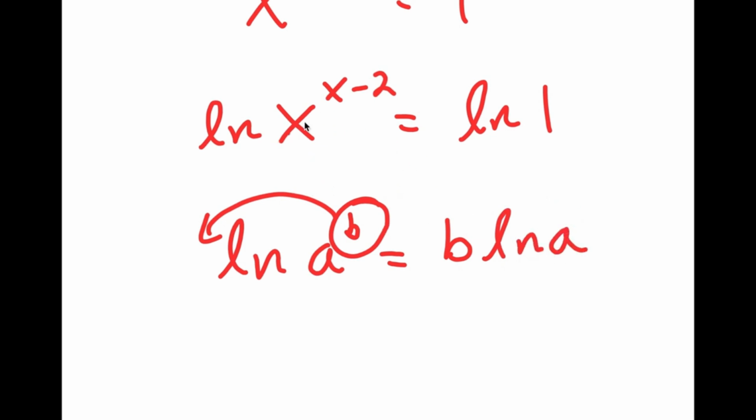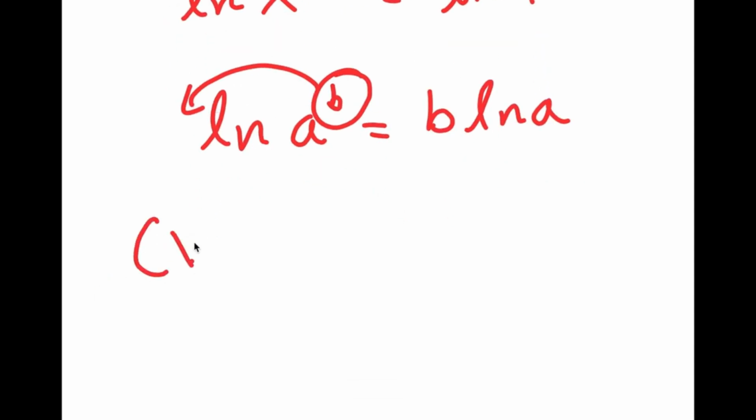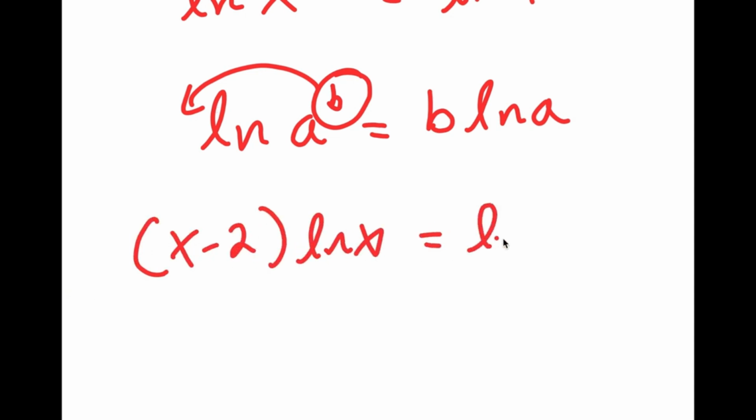So in this case, I have ln x to the power of x minus 2, and I can think of x minus 2 as b and just move it to the front. So this is the same thing as x minus 2 times ln x is equal to ln 1.